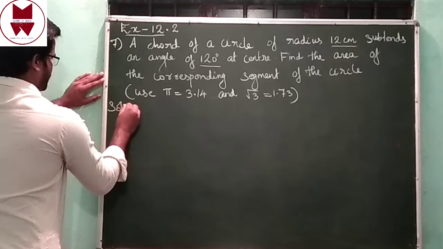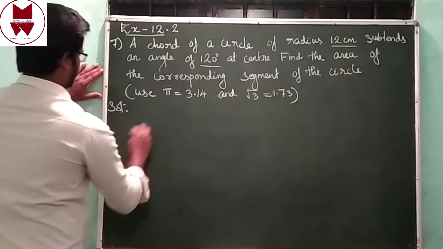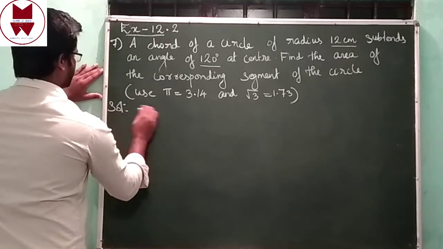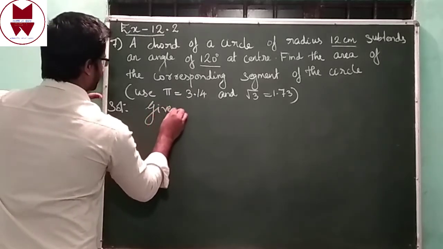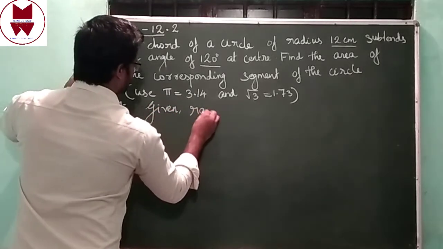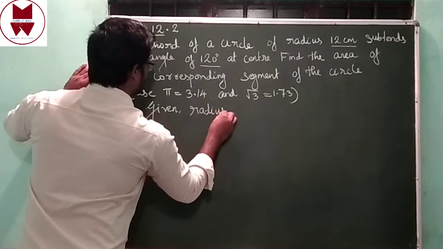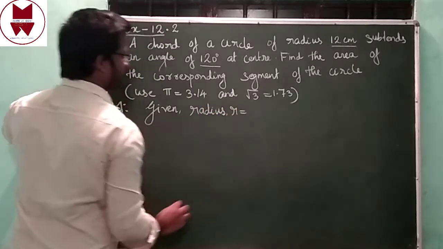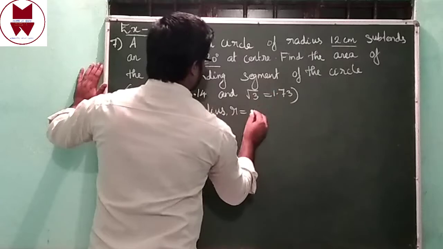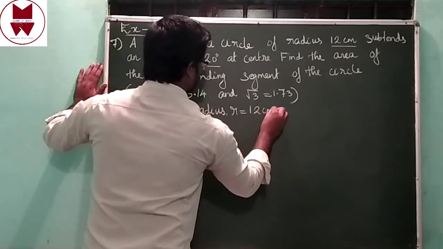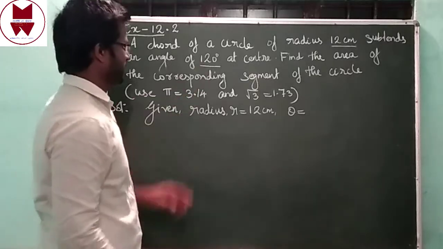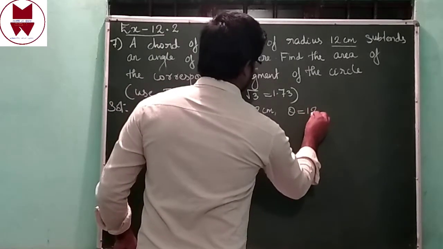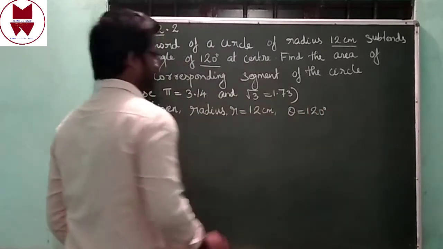Solution. What things are given? We can write: given, radius R equals 12 centimeter, and theta, one angle is given, 120 degree.